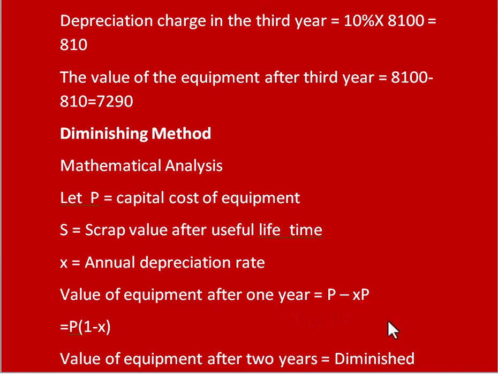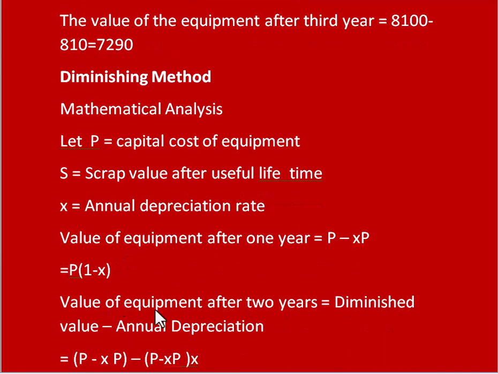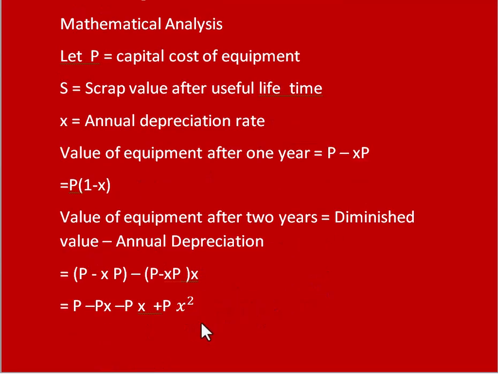So that is P minus X into P. P is common, so P into 1 minus X. Then the value of the equipment after 2 years is the diminished value minus the annual depreciation. The diminished value is P minus XP, minus (P minus XP) into X, that is the annual depreciation after 2 years.